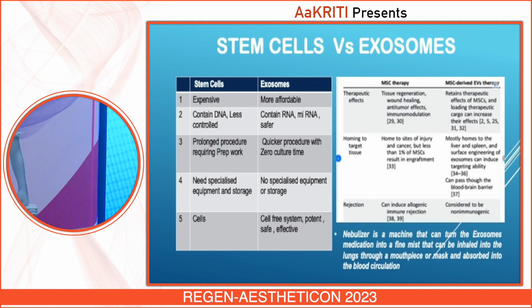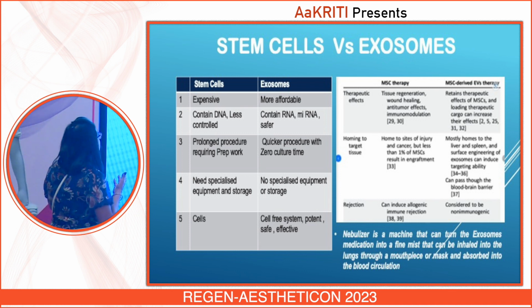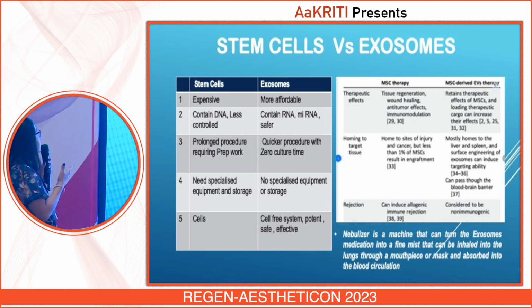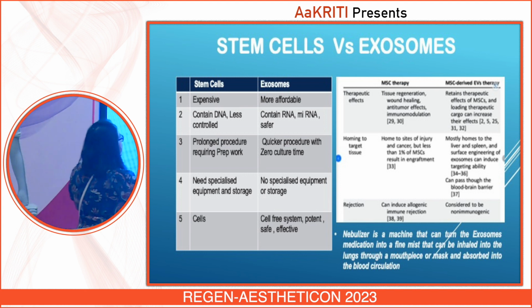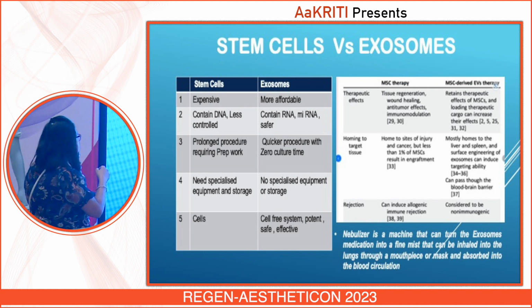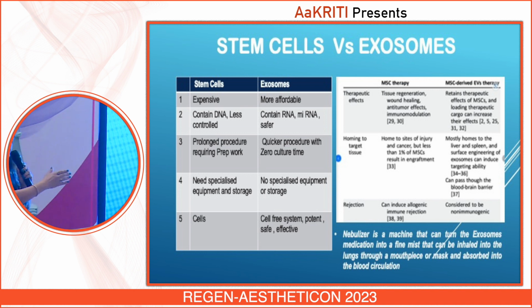And also, I just want to clarify the stem cell versus exosomes. I told you that stem cells are a little expensive, but exosomes are more affordable, and they contain mRNA. This is very important, and being a cell-free system, it is safe and effective.